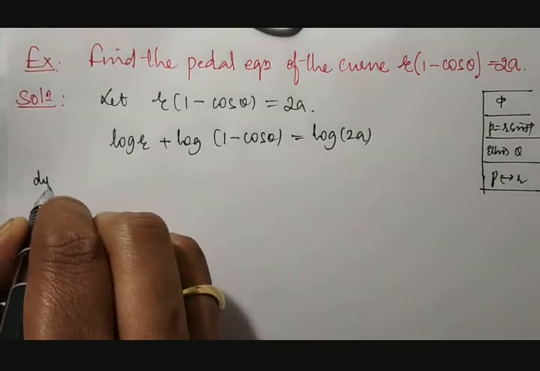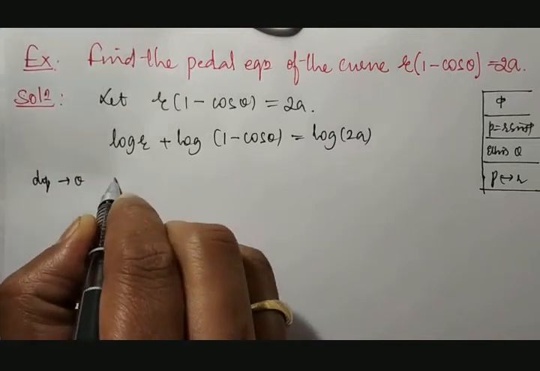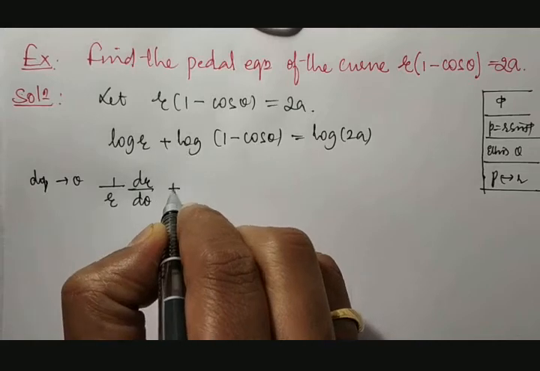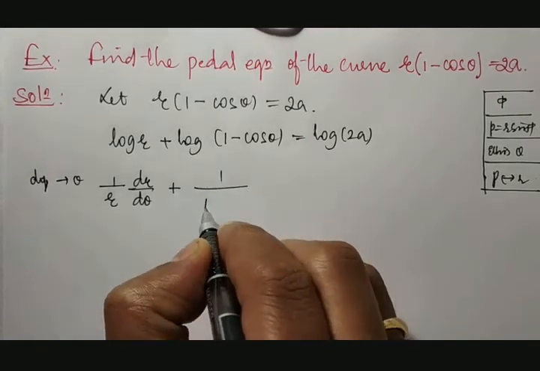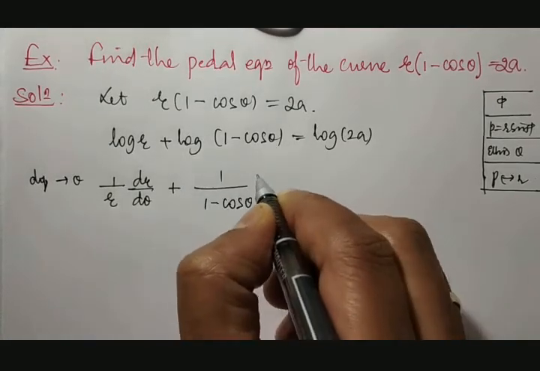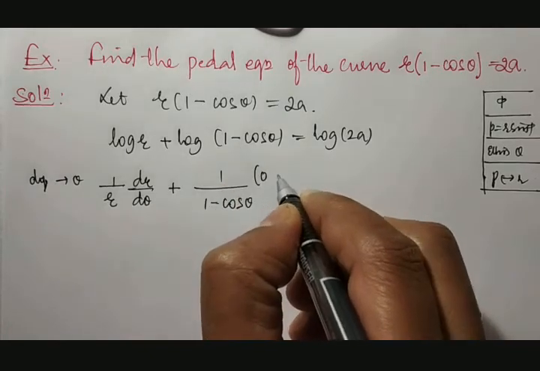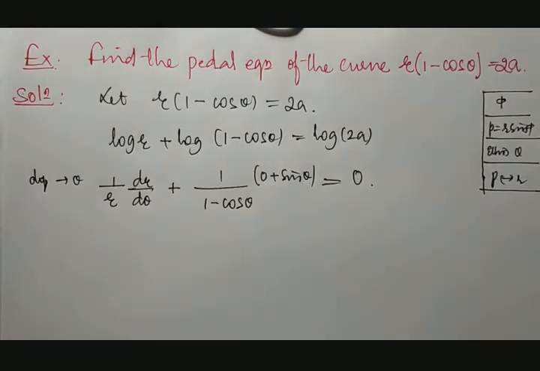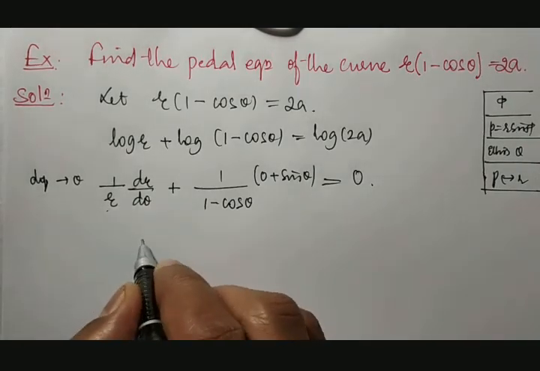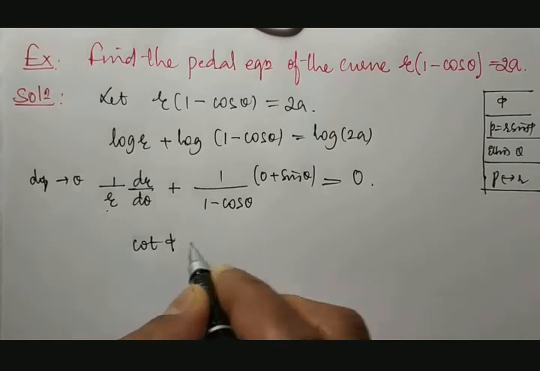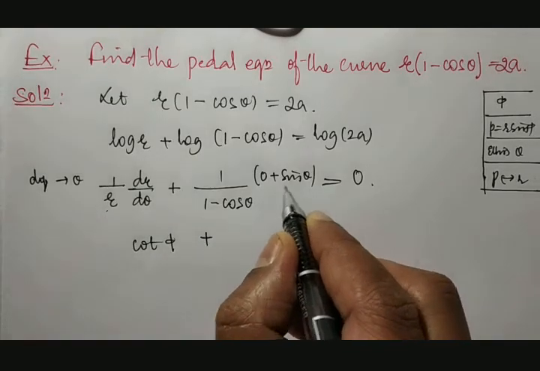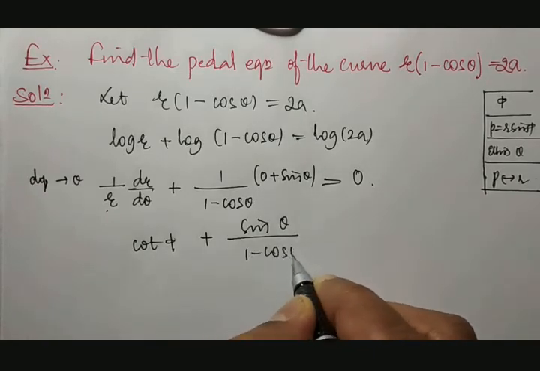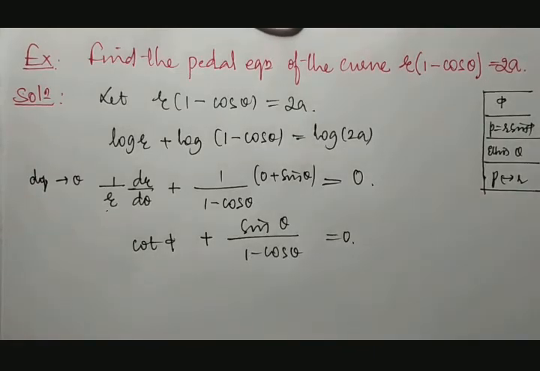Then differentiating with respect to θ, it provides 1/r · dr/dθ + 1/(1 - cos θ) · (0 + sin θ) = 0. Fine. So 1/r · dr/dθ, which is nothing but cot φ, plus sin θ/(1 - cos θ) is equal to 0.